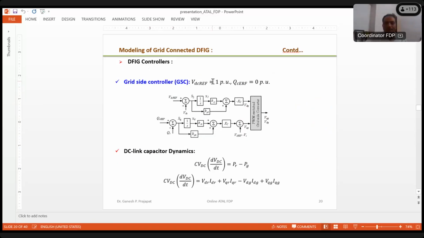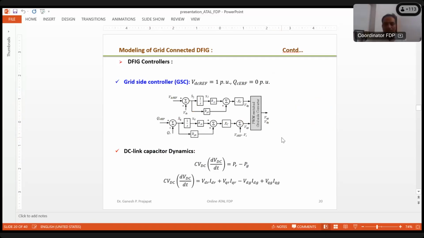Accordingly, there are two PI controllers here also, one for the DC link control and another for the rotor reactive power control. Again we get the grid side voltage D and Q components. First we get the angle and magnitude, and then ultimately these are converted through PWM converters, which give VD and VQ.